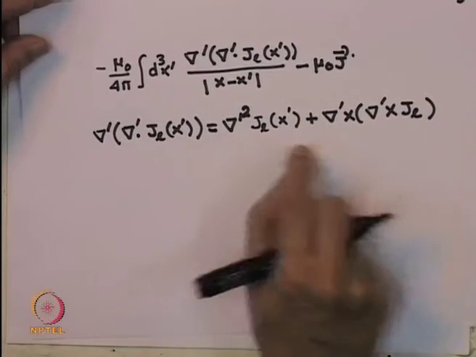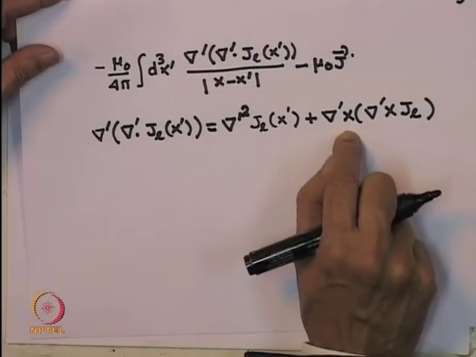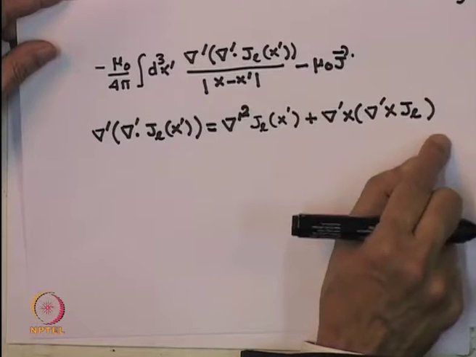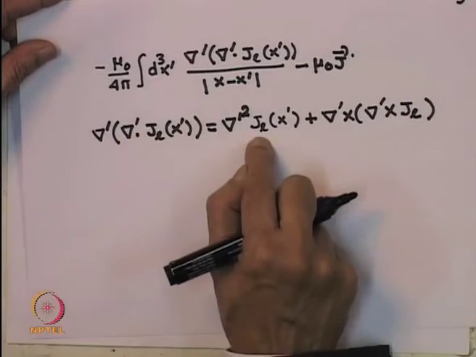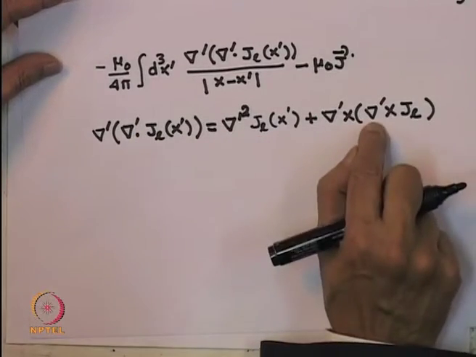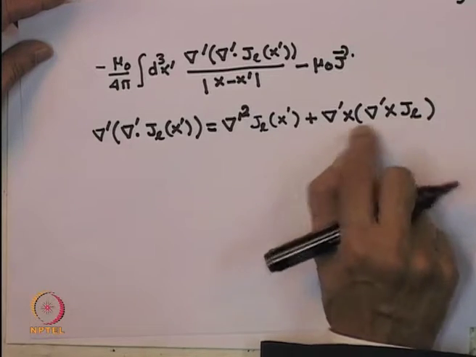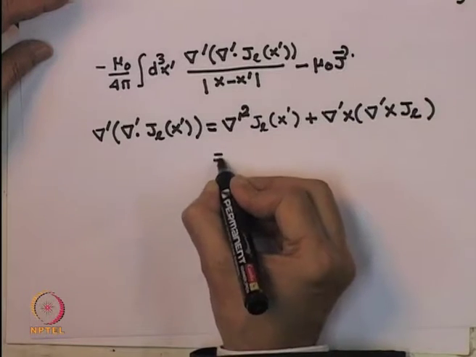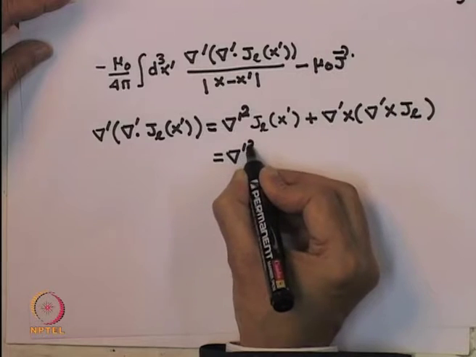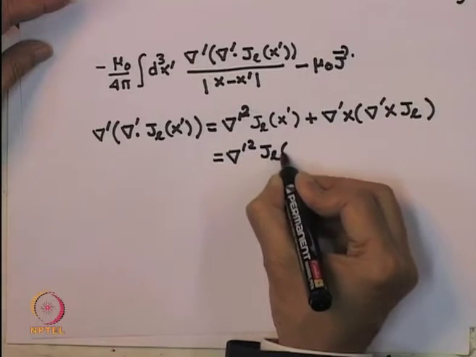This is the same formula which I have been using several times, del cross del cross equal to del of del dot minus del square. And since the longitudinal field is curl free, this is equal to del prime square j l of x prime.